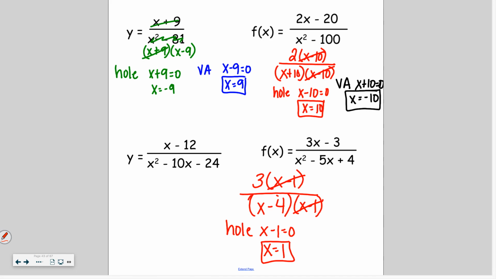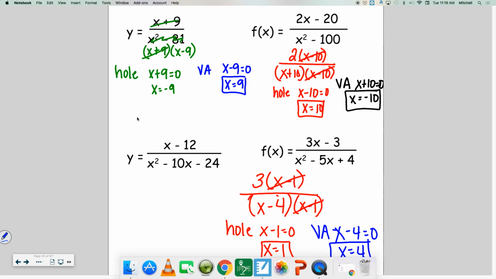And you don't know how to solve, so that's why I'm just going through it really quickly. We have a vertical asymptote where x minus 4 is equal to 0, so where x is 4. All right, so that's the first set of asymptotes. So I want you to practice vertical first, and then we'll look at horizontal.